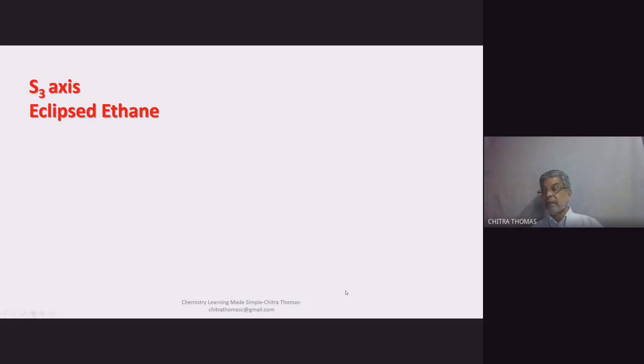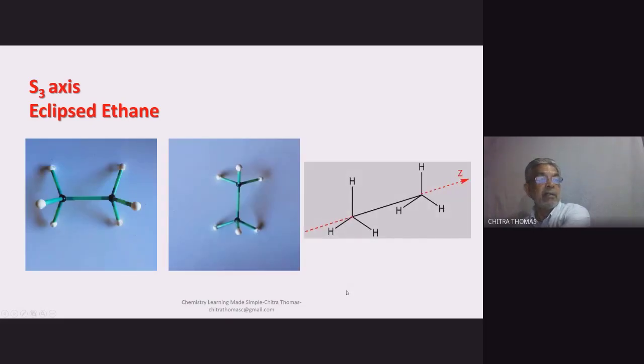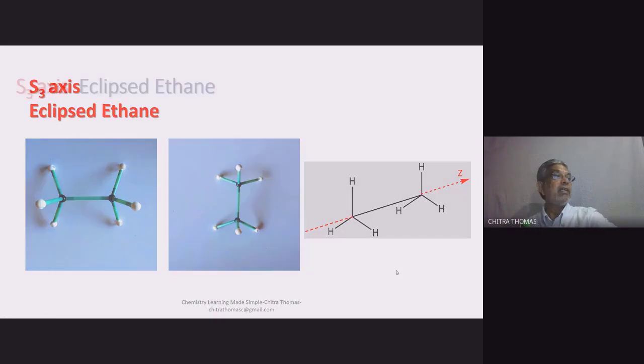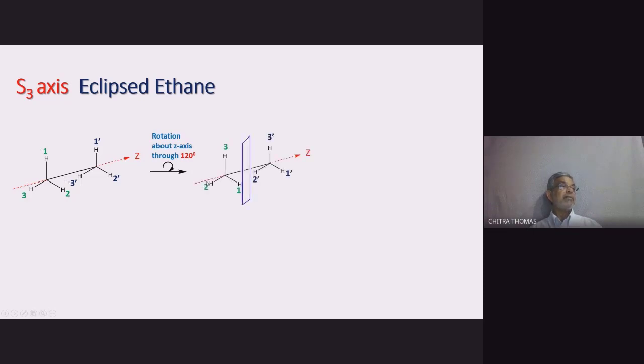Let me show this diagrammatically. This is eclipsed ethane. The hydrogen atoms are labeled 1, 2, 3, 1 prime, 2 prime, 3 prime. Rotated about this axis through 120 degrees, what will happen? This will become 3, 1, 2. This is 3 prime, then 1 prime and 2 prime.